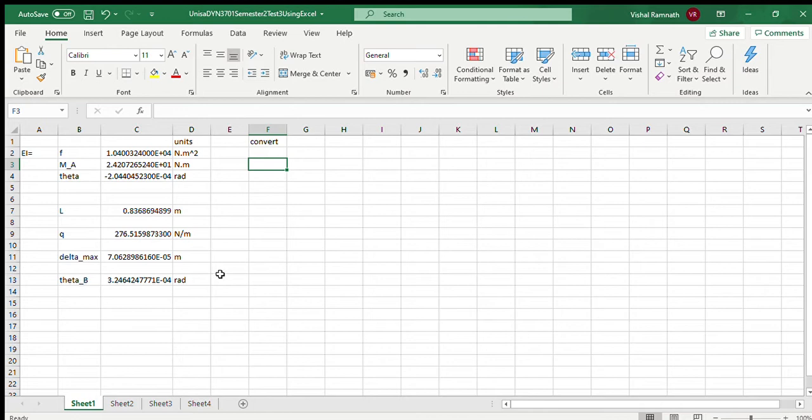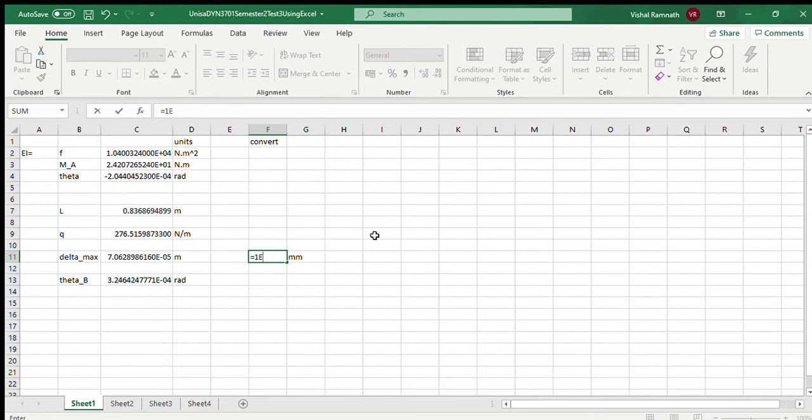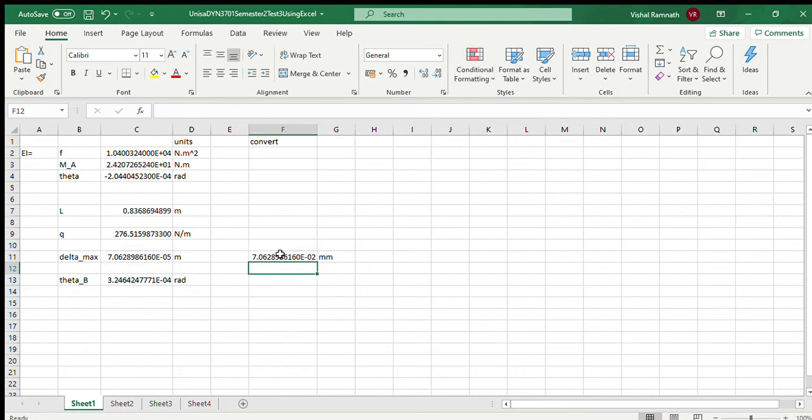So for example, if I wanted it in millimeters, I would say equals to 1 E3 times the value, and that would be the value in millimeters. Just make it a number, right click, format cells, number, let's go to 5 decimals. Okay, and that's the delta max value.